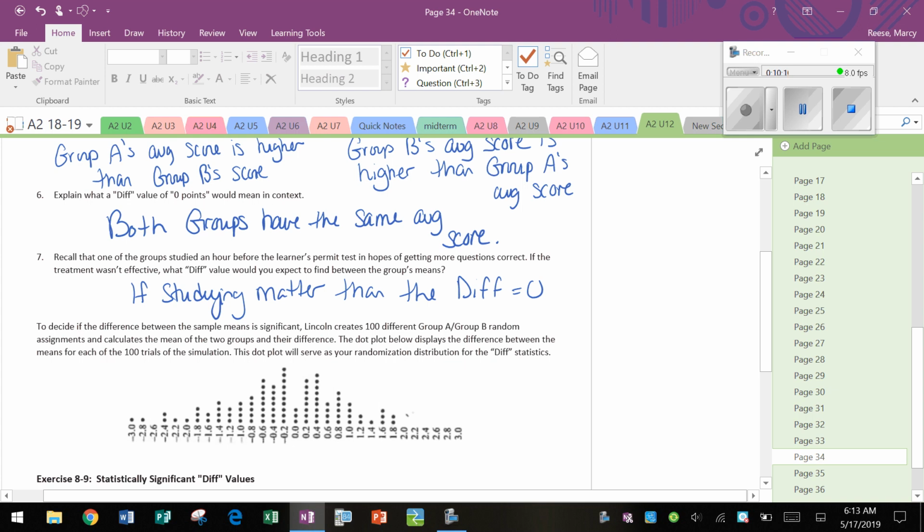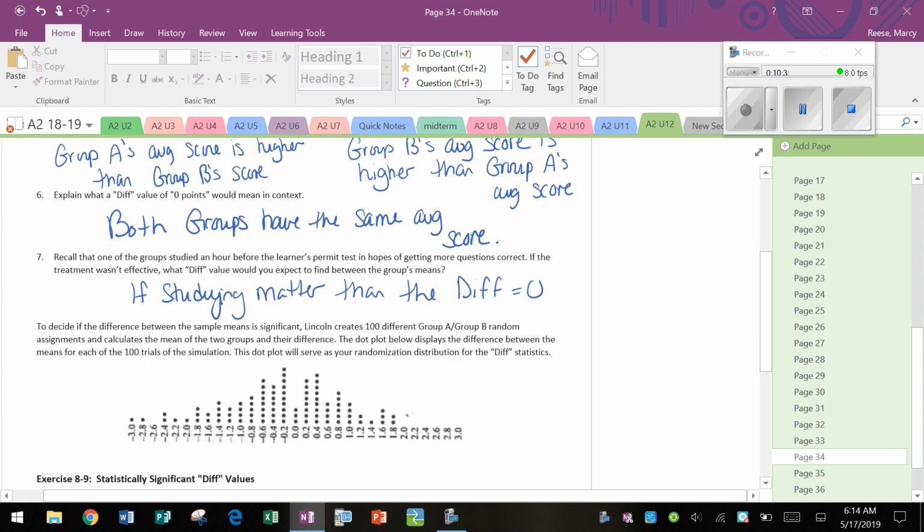All right, so to decide if the difference between the sample means is significant, okay, so there could be a situation where we just have a chance high difference, right? Just a chance occurrence where even the kids that studied really did get significantly different than the ones that didn't study, okay?